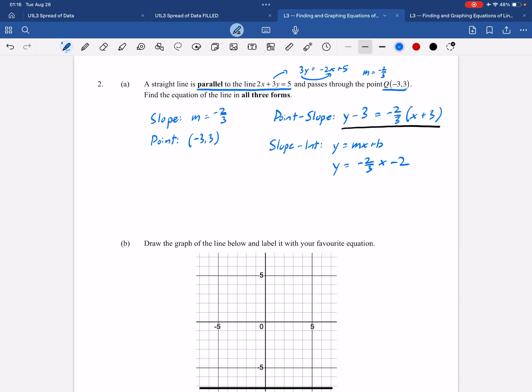And then I've got to move the 3 over. So we have a plus 3, right? That's this minus 3 getting moved over. So these turn into just 1. So we get y equals negative 2/3 x plus 1. Okay, finally, standard form.